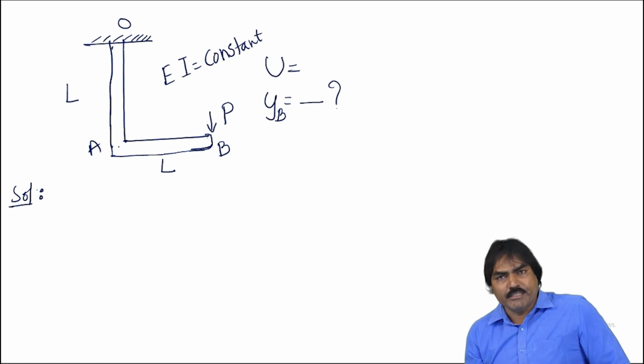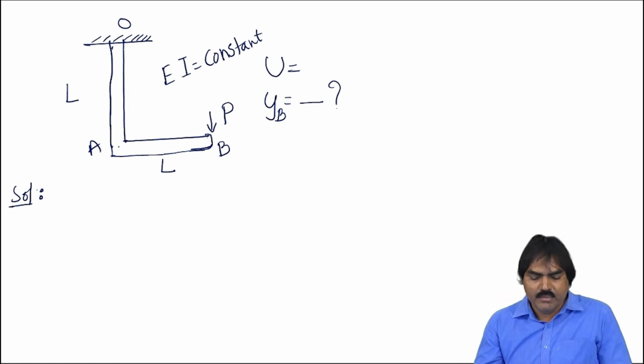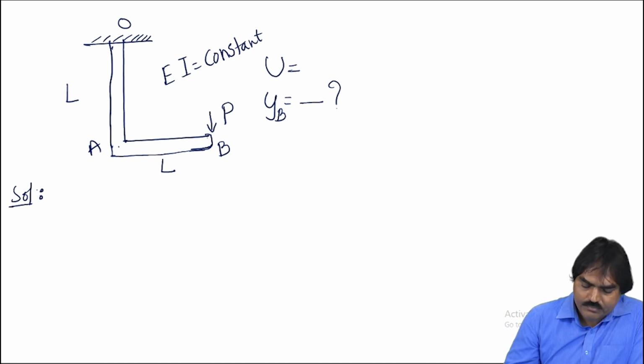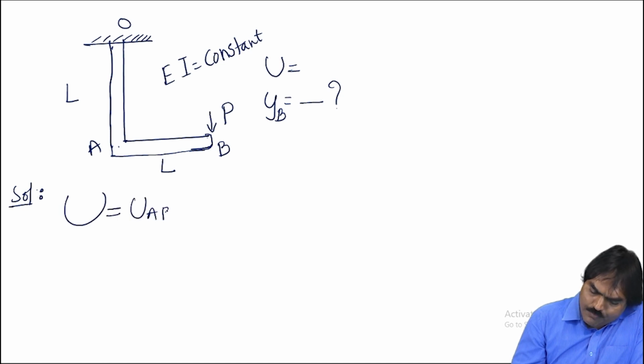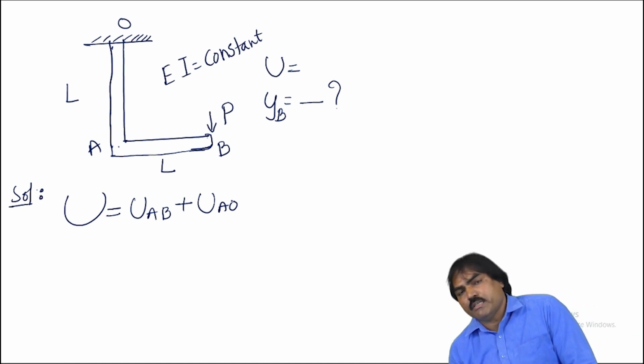Determine the total energy in the frame and the deflection at the free end. Let us see. We know the energy is equal to the energy in the portion AB plus the energy in the portion AO. This is the total energy in the structure.